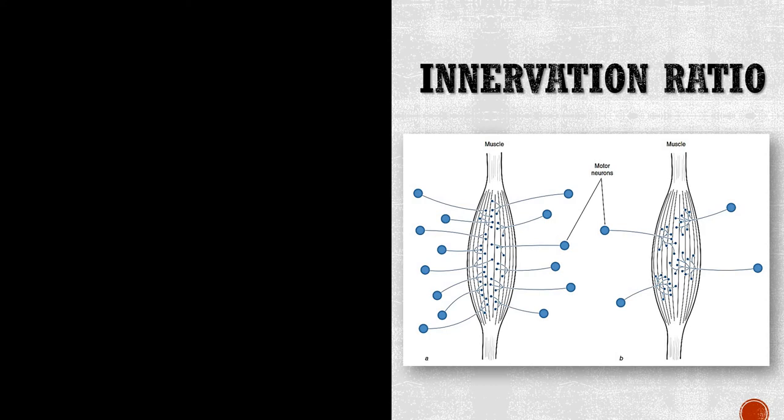Now, recall that each motor neuron will only synapse with one specific type of muscle fibre. You will never find within the body a motor neuron that synapses with muscle fibres where 50% are type 1 and the other 50% are type 2. That doesn't happen. They're either type 1 or type 2.